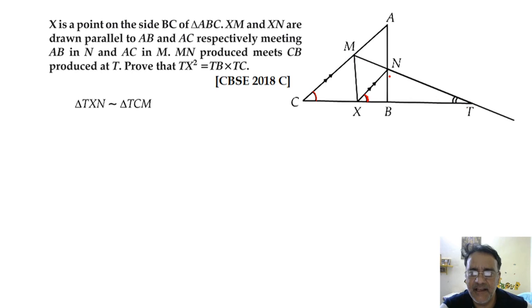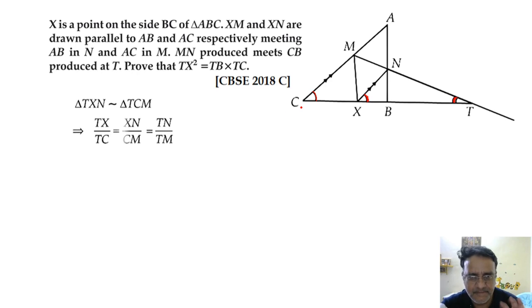So TN upon TM. Now this is the common angle for both the triangles. So first is XN and second is CM. And one more side is left, TX upon TC. Corresponding sides of similar triangles are proportional.